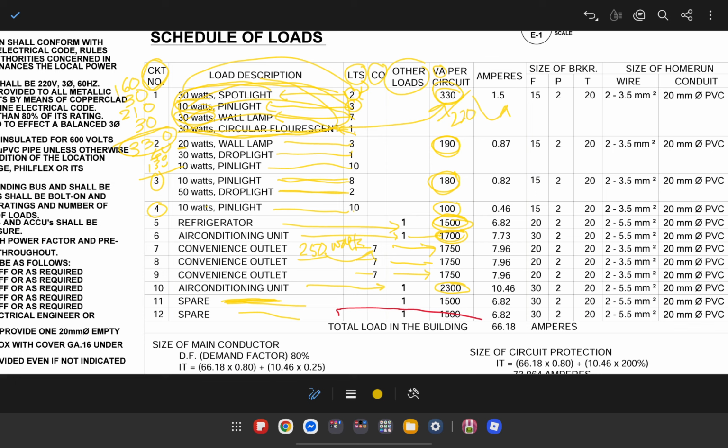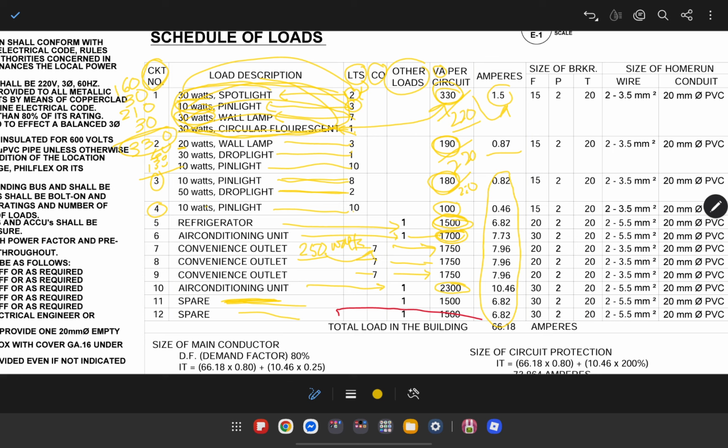I hope you know where we get the 220. 220 is the voltage that we use in the Philippines. For other countries, it's 110. So 330 divided by 220, that's 1.5. 190 divided by 220, that's 0.87. Again, keep going with dividing by 220. You get all of these answers.